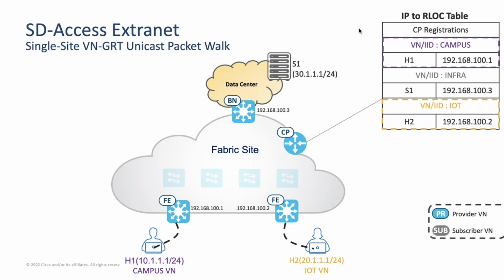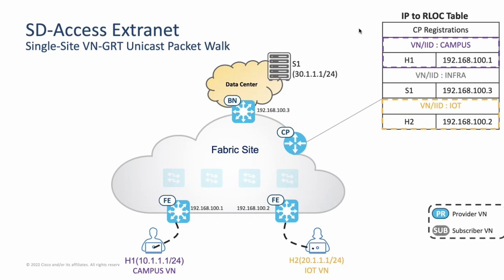Now, the infra VN in the SD-Access world is the global routing table. So if you've set up SD-Access before and you've done something like wireless or extended nodes, you've had to put those management subnets for those devices into what we call the infra VN. And when you do a layer 3 handoff from a border node to any peer device, usually you're going to hand off this infra VN, but that's just the global routing table.